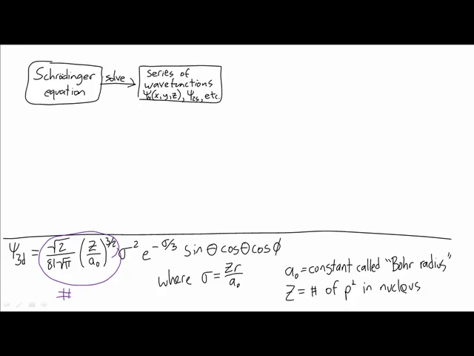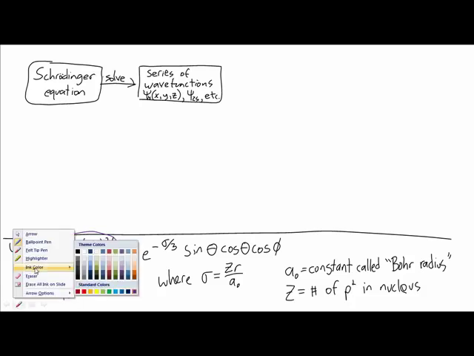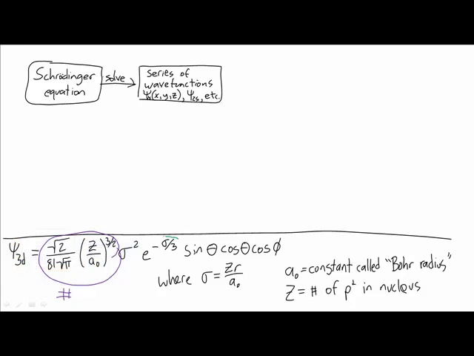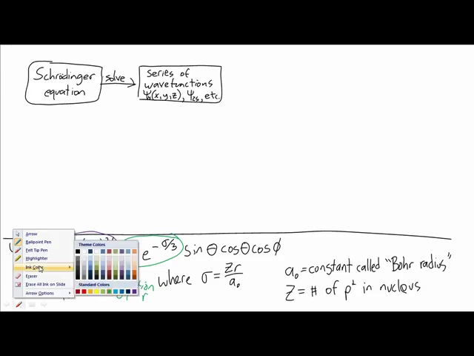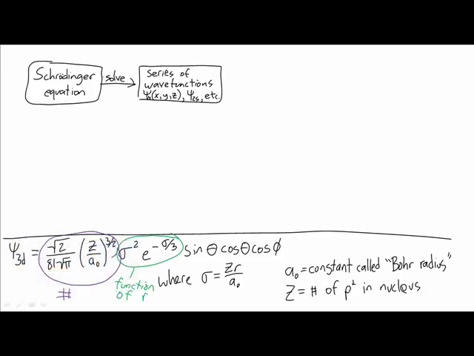So this is just a number out here, out front. And then you have a function in terms of the radius. Function in terms of r, how far you are from the nucleus. And then you have what we call the angular part. So the function out here that's based on angles away from the nucleus.